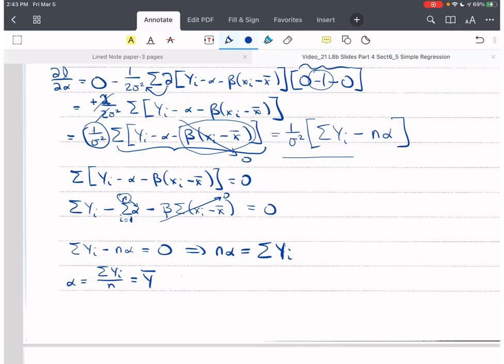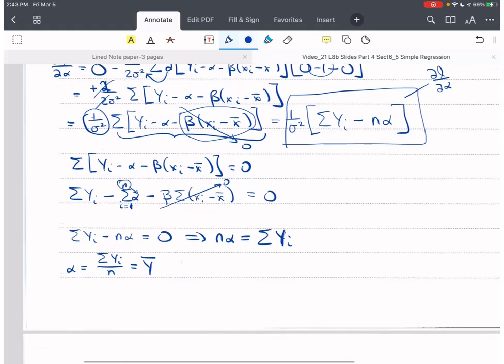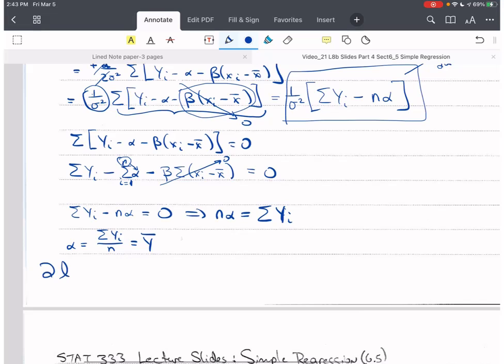So this is partial L, partial alpha. If I need to take the second derivative, I want to use the simplest form, so I'm going to use that in the box. So the second derivative with respect to alpha equals, I've got the constant in the front, and then there's no alpha in the sum of y, so that's 0, minus n. So the derivative of n times alpha is just n.